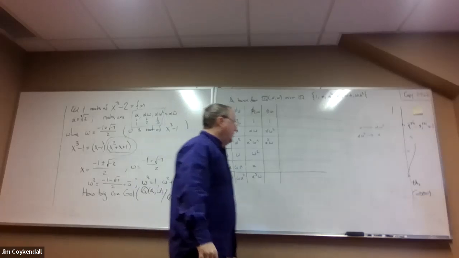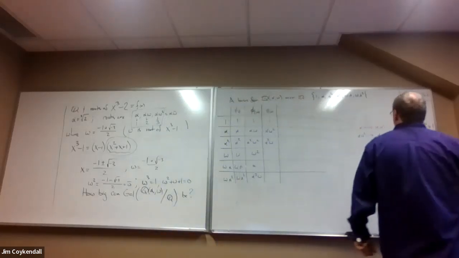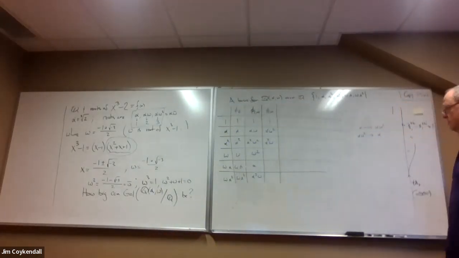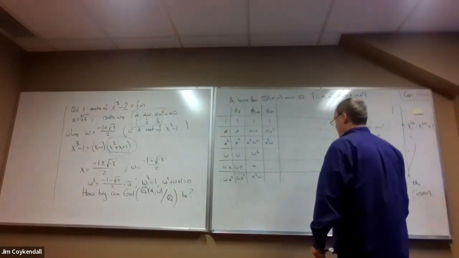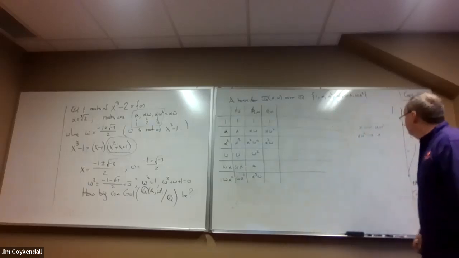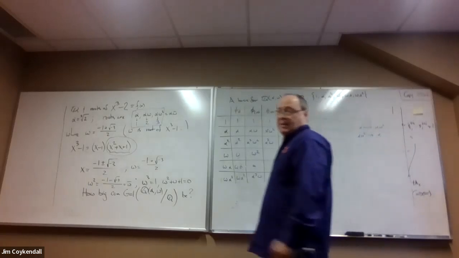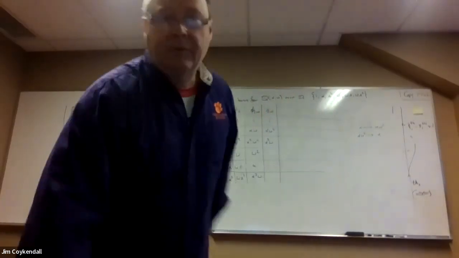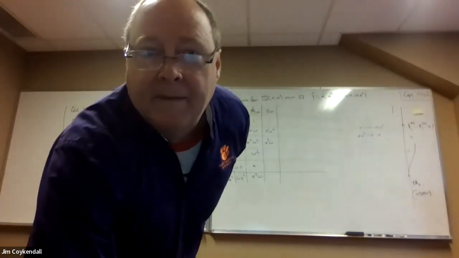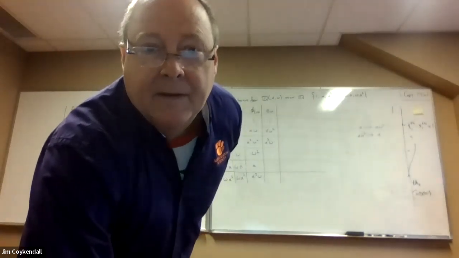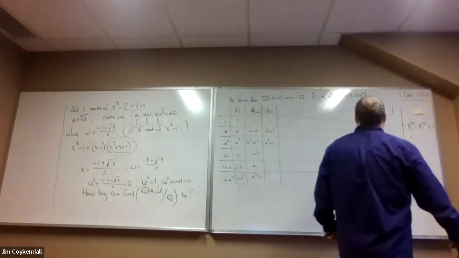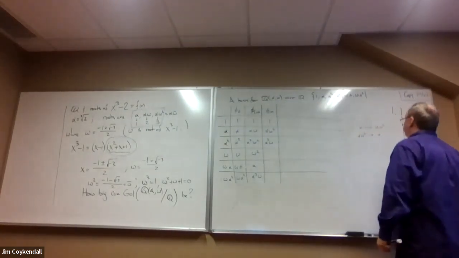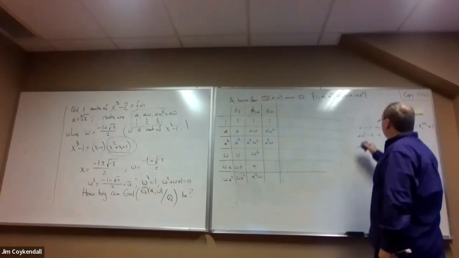Now, again, I can ask myself, where does omega go? Anybody? Have y'all figured out where omega goes? What do you think? Well, I can do this same trick again.